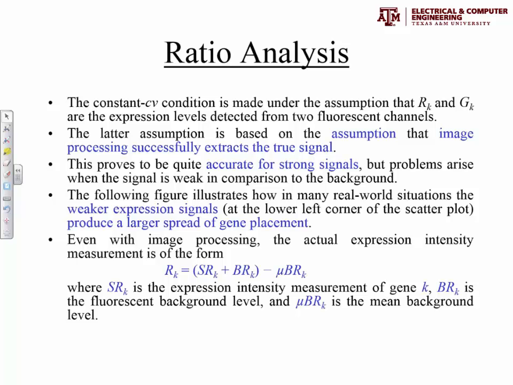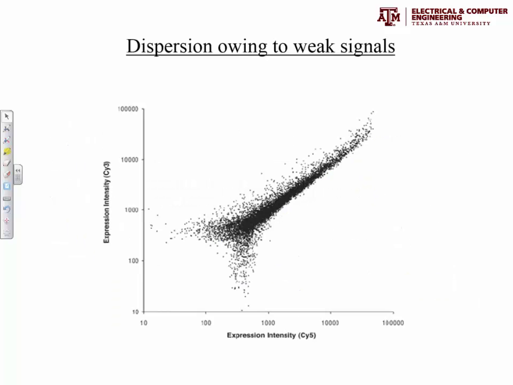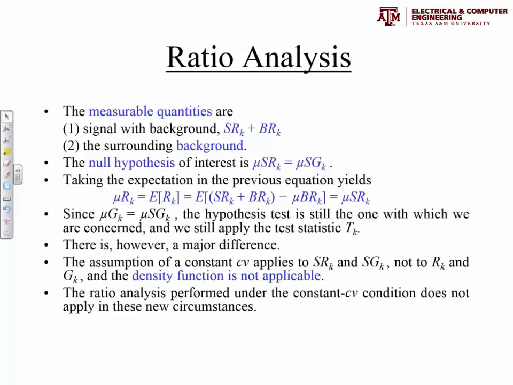So the mean of the measured signal will be the same as the mean of the signal that you're actually interested in tracking. That's a good thing, but you cannot say the same thing about the variance.